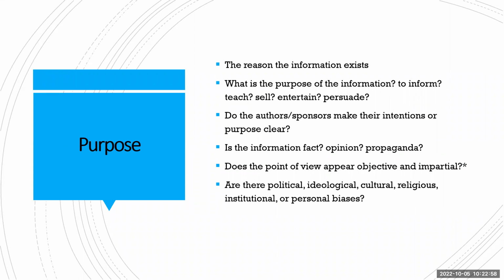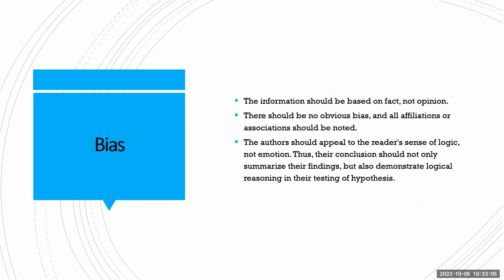Most scholarly communications try not to be biased, and I'll explain why, but there's, I think, always a little bit of bias in everything that we do because we're humans, right? We view the world through our own lenses. But how can you avoid the obvious versus those that are not? So the information, as I've already repeated, should be factual, should not be someone's opinions based on nothing else but fact.